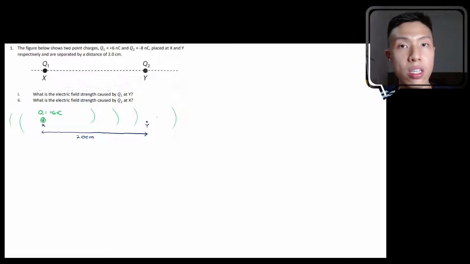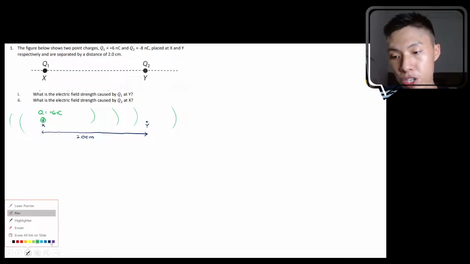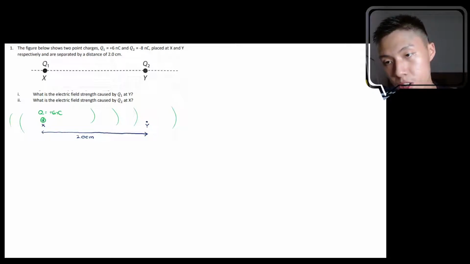And since Q1 is a positive point charge, the direction of the electric field at position Y should be pointing directly away from the point charge. It's a positive point charge, so the direction should be pointing directly away. So for Q1, I'll label it in green. This is the electric field produced by charge 1.